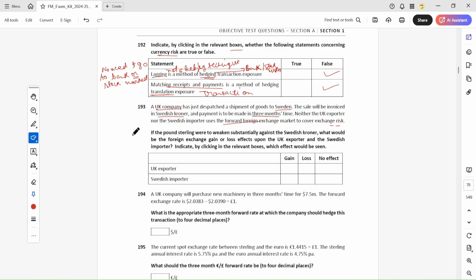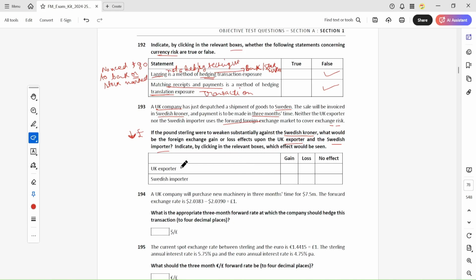If the pound falls substantially, will the UK exporter gain or lose, and the Swedish importer gain or lose?